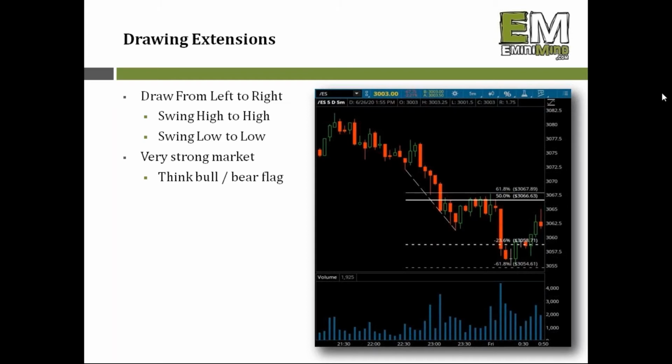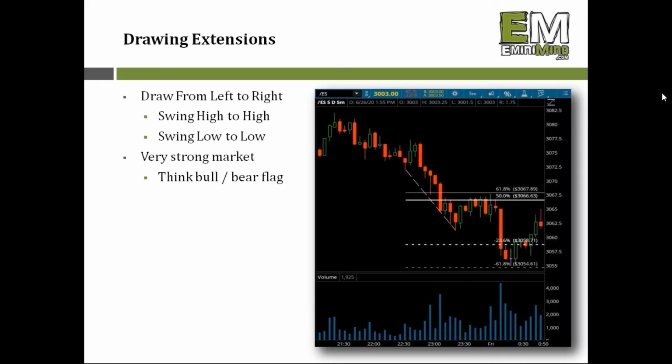Because especially on the E-mini futures, if you aggressively tighten your stop too early, like it moves a point in your favor and you bring your stop to break even, you're very likely going to get stopped out before it even really has a chance to get going. Once the trade gets moving, once it's 3 points or 4 points away from your entry, it's pretty easy to manage and to trail your stop and just follow along with the trade.